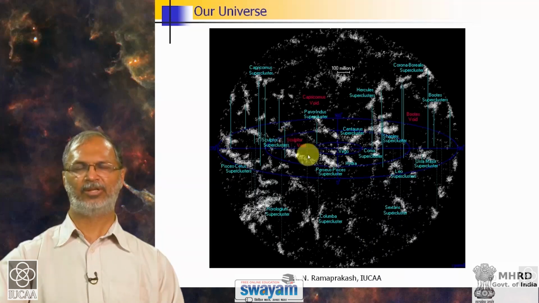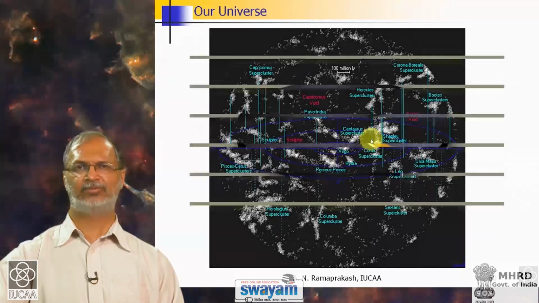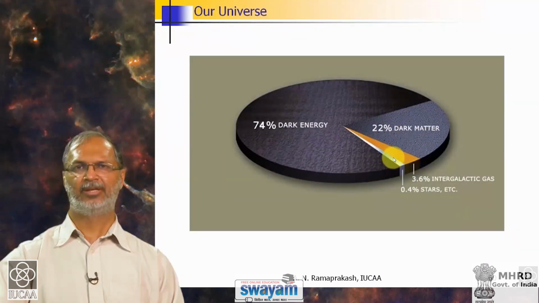But what is important to notice is that all this visible matter you see here is only a tiny fraction of what we know is the constituent of our universe. It is only 4%. The remaining 96% of the universe is constituted by what is called dark energy or dark matter, which we do not know what they are.